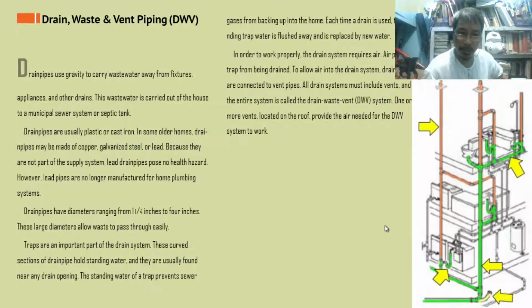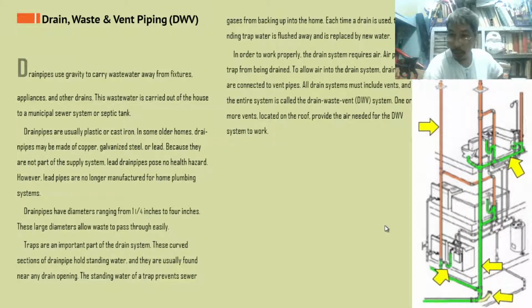Drain pipes have diameters ranging from 1 and 1/4 inches to 4 inches. Take note of the sizes. These large diameters allow waste to pass through easily. Take note, 1.5 inches is almost the biggest water supply size.